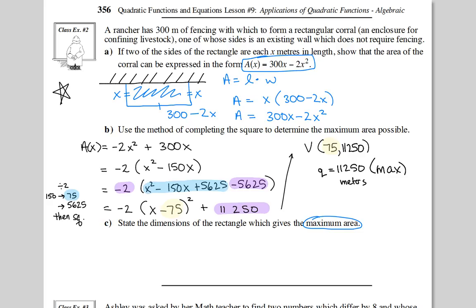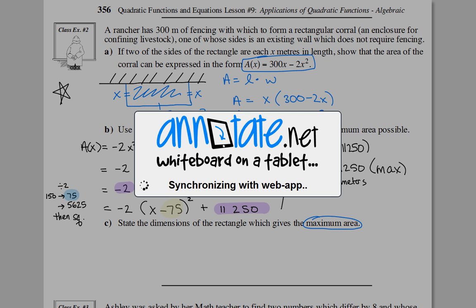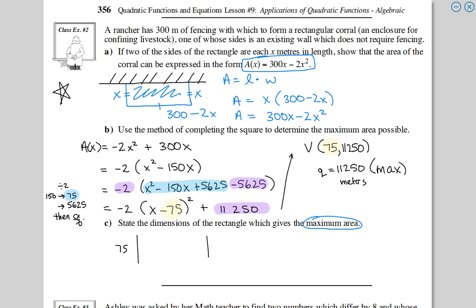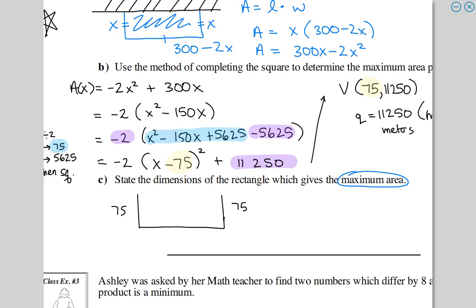And then it says, state the dimensions of the rectangle which gives the maximum area. So we would have 75 here. And then that long piece was 300 minus 2 75s, right? Which is 150.